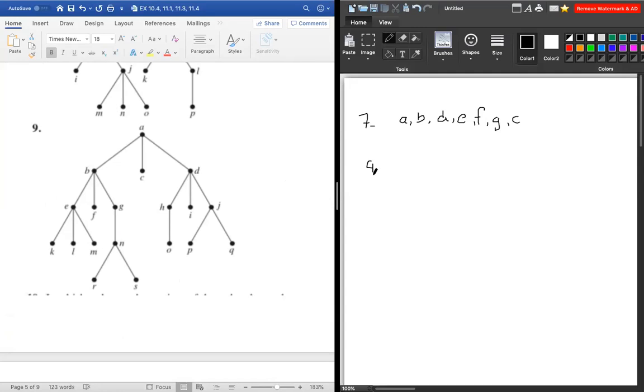So here we will be visiting A first, and then we will be visiting B. Then we will be visiting E. Then we visit K. Then we visit L. Then we visit M.